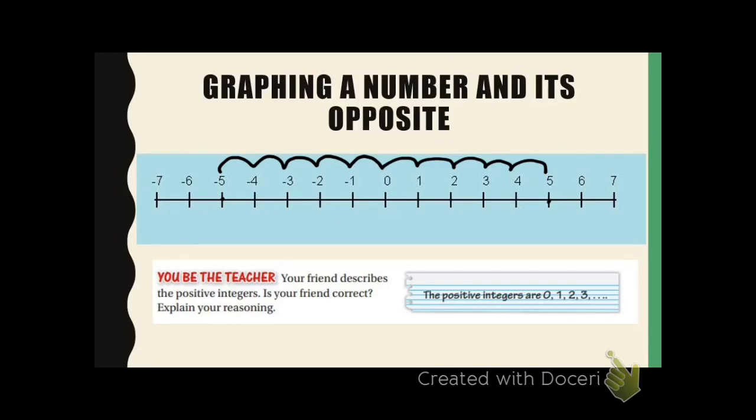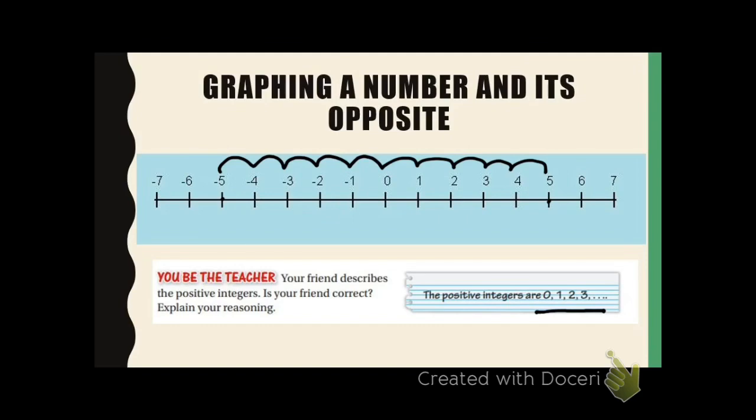So let's look at this down here. You be the teacher. Your friend describes the positive integers. Is your friend correct? Explain your reasoning. Your friend says that the positive integers are 0, 1, 2, 3, and so on. Is your friend correct? How many of you said no?